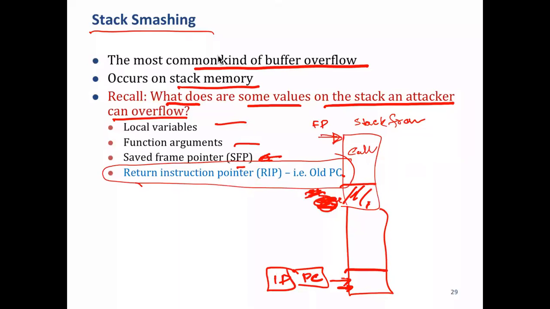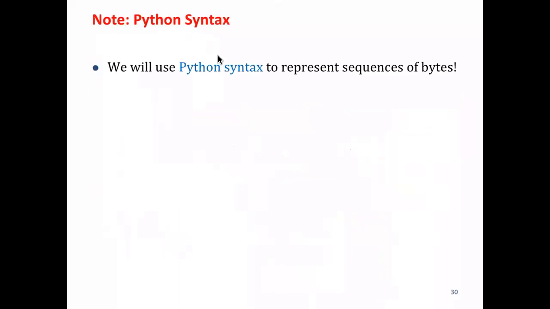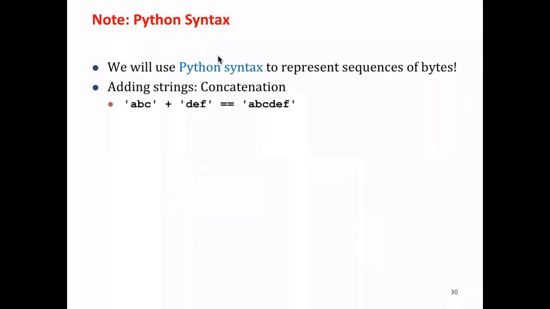Now if we can override this to a different address, then the next instruction that will be executed after the calling function is over will be something that the hacker wants. Before that, we'll use a little bit of Python syntax to illustrate our concepts. Don't worry about it, we're not going to compile it and so on, but you know this, right?